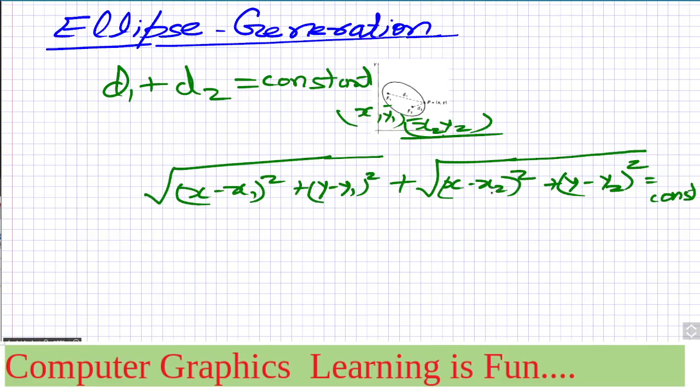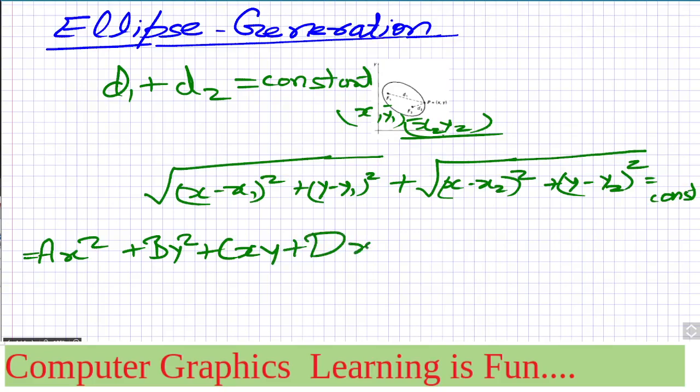How? Let us start with understanding that this was your term, and if you square both sides, and whatever radicals are there, you isolate them and square again, and some other things can be done, then you will get an equation which will look something like a coefficient x square plus coefficient y square plus coefficient xy plus dx plus ey plus f is equal to 0.